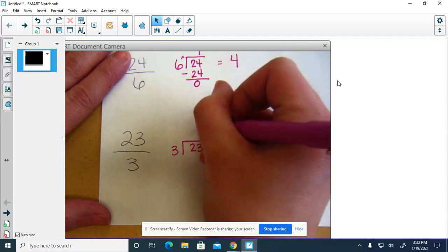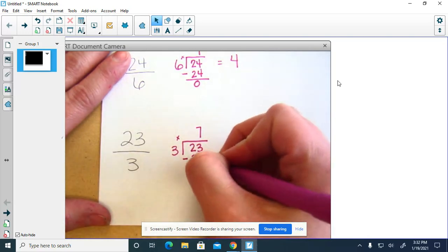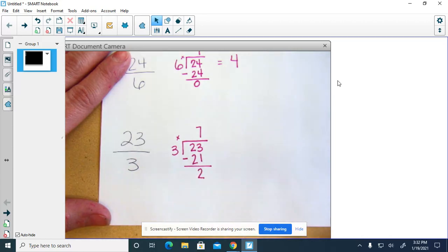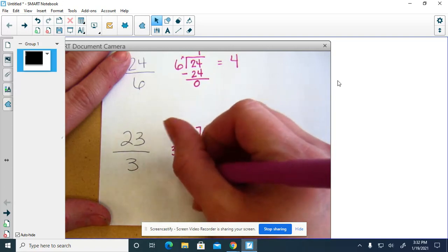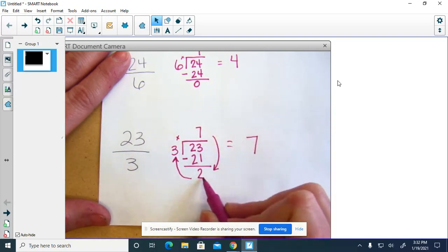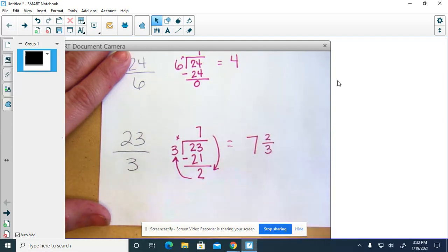We know 3 times 7 gives us 21. So we're going to subtract 21, which gives us 2. 3 cannot go into 2, so this is our remainder. So we're going to move through clockwise, and we can write this as 7 and 2 thirds. Okay?